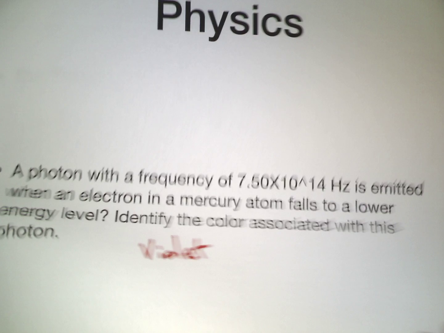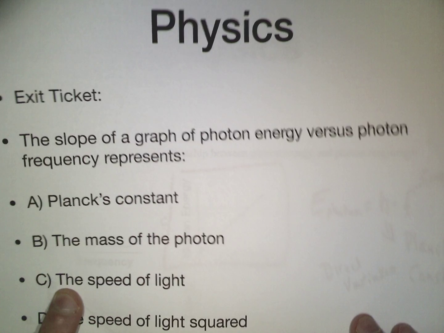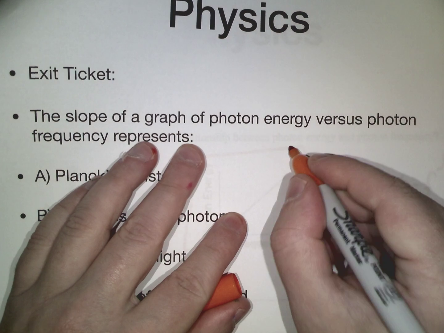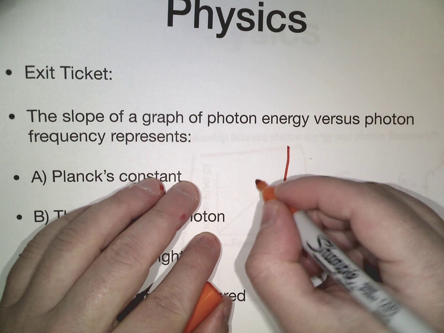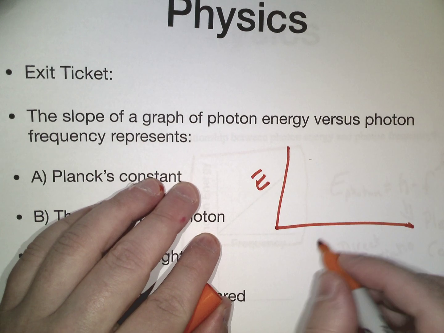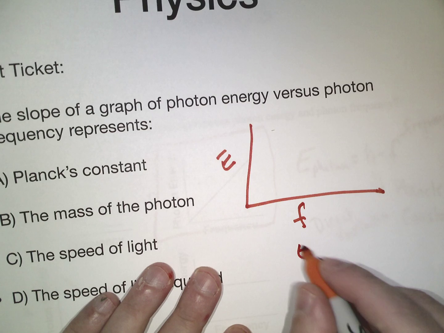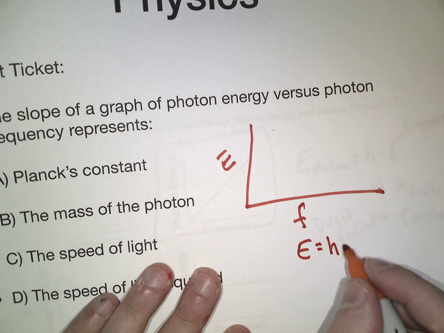Easy. Last one. Okay, what's funny is the last one relates to the first one. So it says the slope of a graph of photon energy versus photon frequency, right? The slope of this graph. Well, I know this. E equals h f.